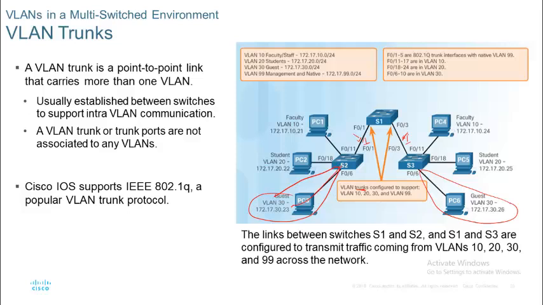But when you configure this port and this port as trunk ports, all VLANs of switch 2 and switch 3 will form extended layer 2. For example, this VLAN 30 will get extended like this.